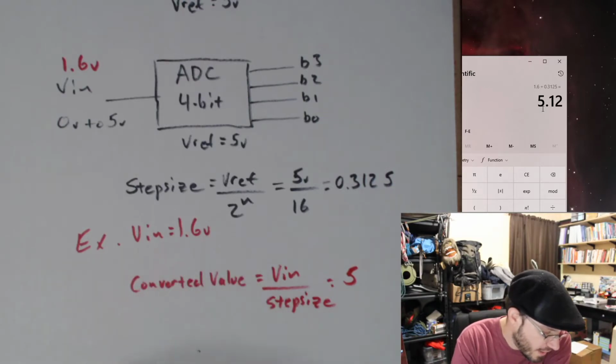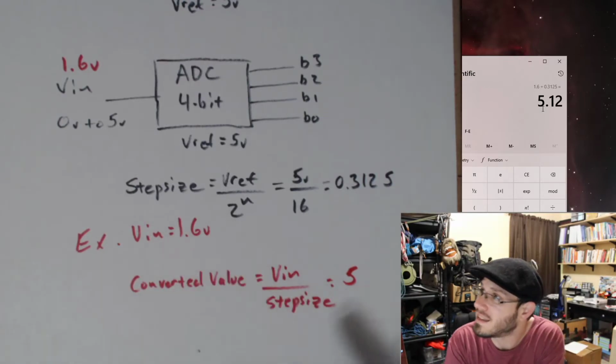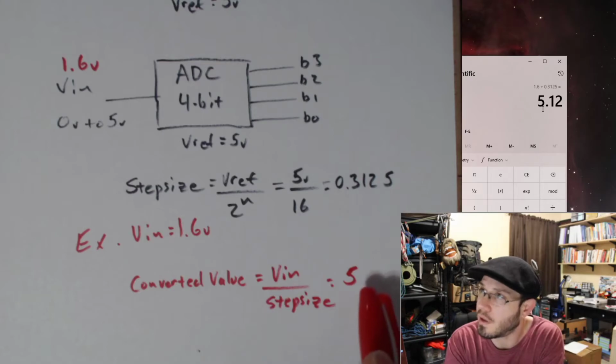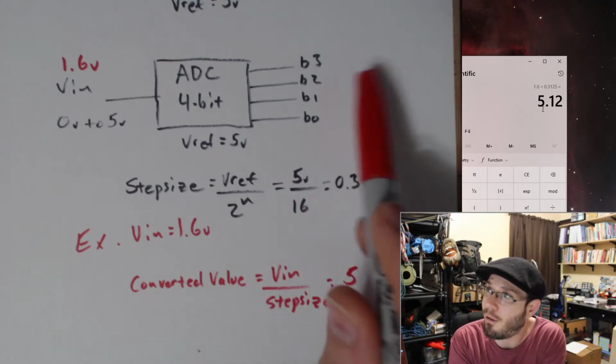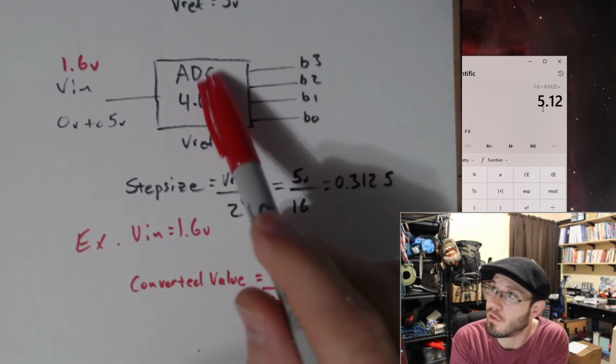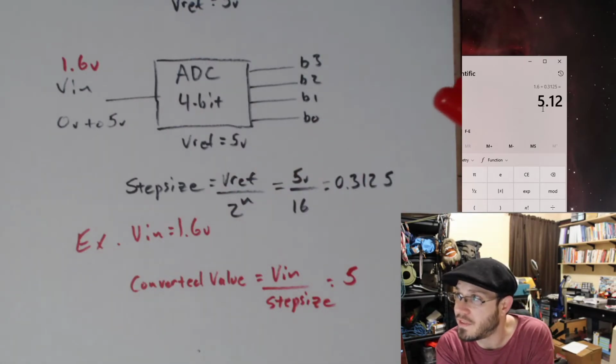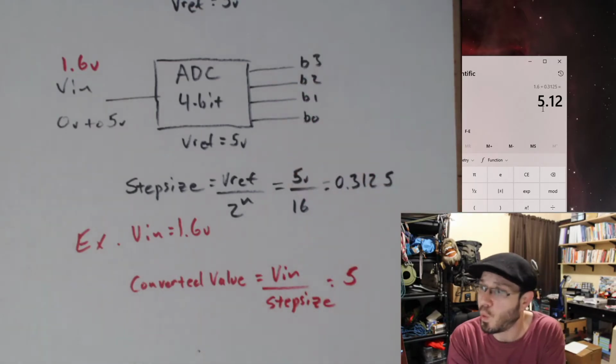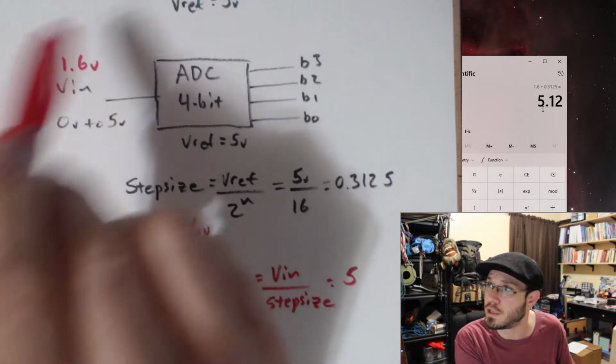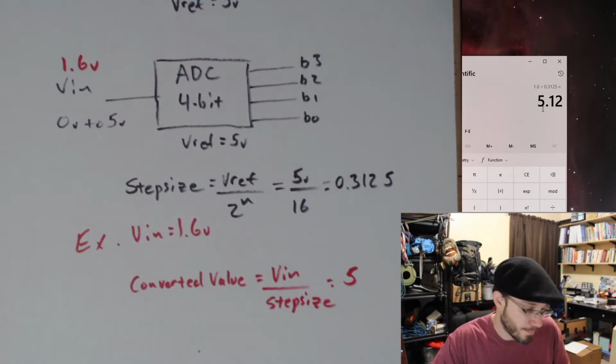Okay, so a value of 1.6 volts gets converted to a numerical value of 5 on the output. And remember, our output for a 4-bit ADC can only be 0 to 15, because you only have 4 bits to represent whatever analog voltage you have here on the input.